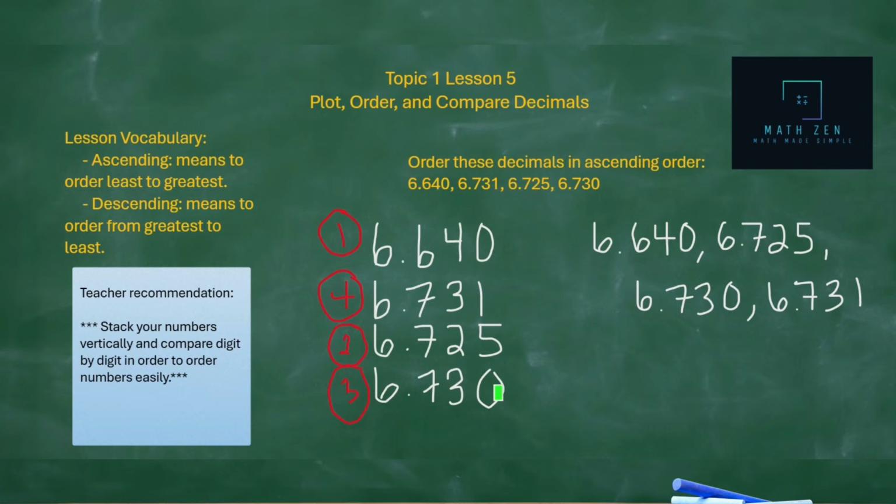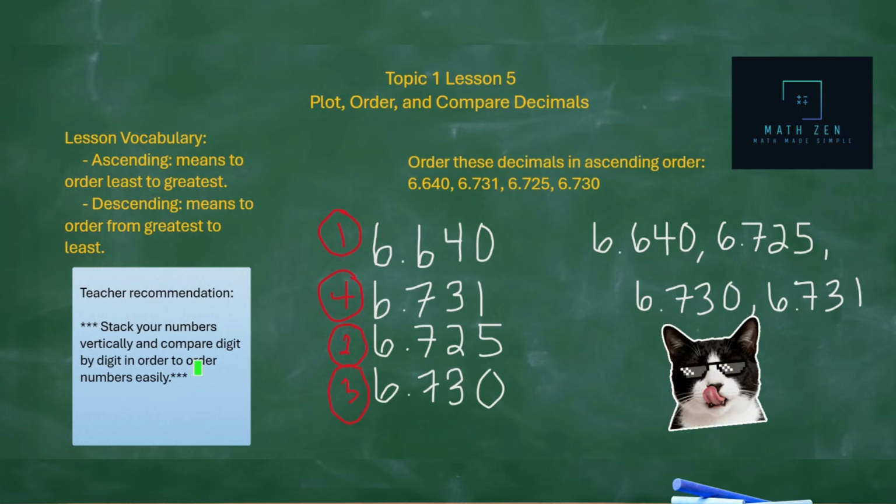They are almost identical, but I need to go to the thousandths place value to make sure which one is smaller. So I compare this 1 with this 0. And because 0 is less than 1, this is the third smallest number I'm going to write. And by process of elimination, this has to be the largest one. So we have 6 and 640 thousandths, 6 and 725 thousandths, 6 and 730 thousandths, and 6 and 731 thousandths.